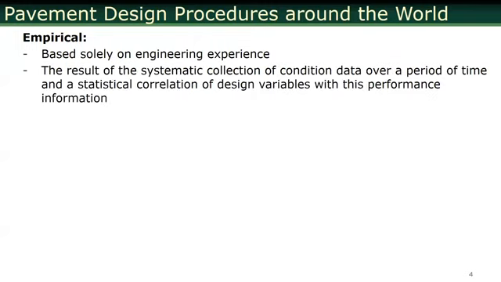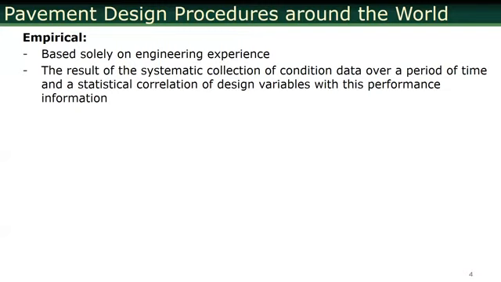So now empirical approach is also, AASHTO 93 is also another empirical approach. So what is the definition of empirical approach? Essentially, result of the systematic collection of condition data over a period of time and the statistical correlation of design variable with this performance information. So a perfect example is the AASHTO road test, where AASHTO 93 design is based on.